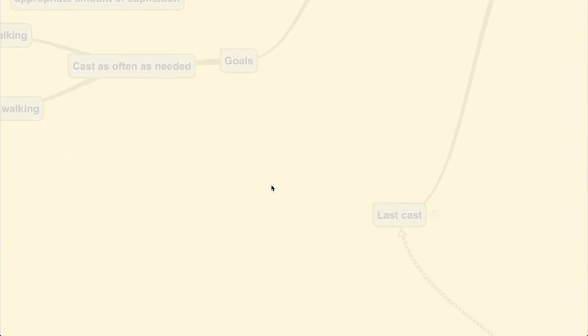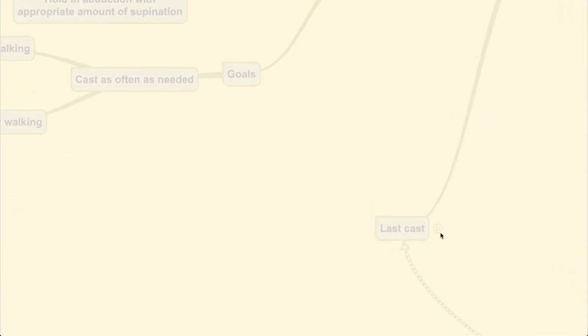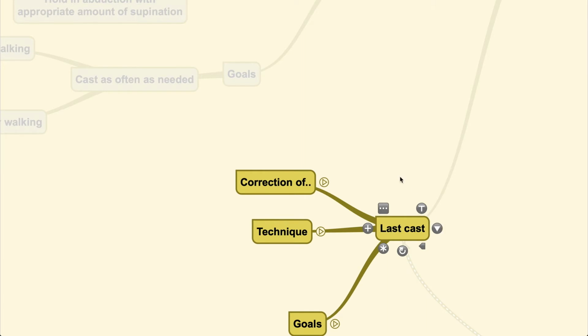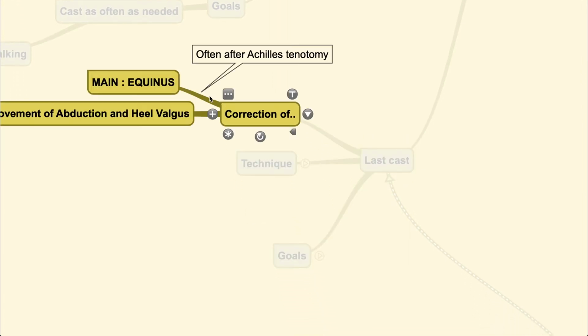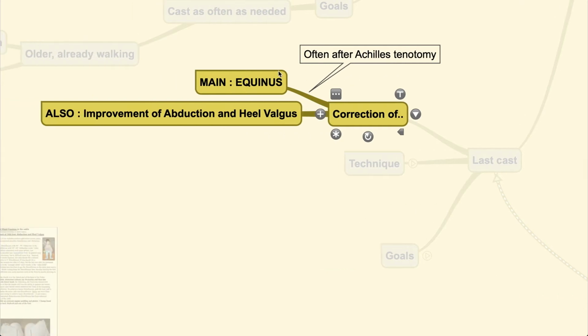Now moving on, after you have achieved correction of the cavus, adductus, and also varus, last you need to correct the equinus. Usually the equinus can be corrected even without performing an Achilles tenotomy, but sometimes the tenotomy is needed.